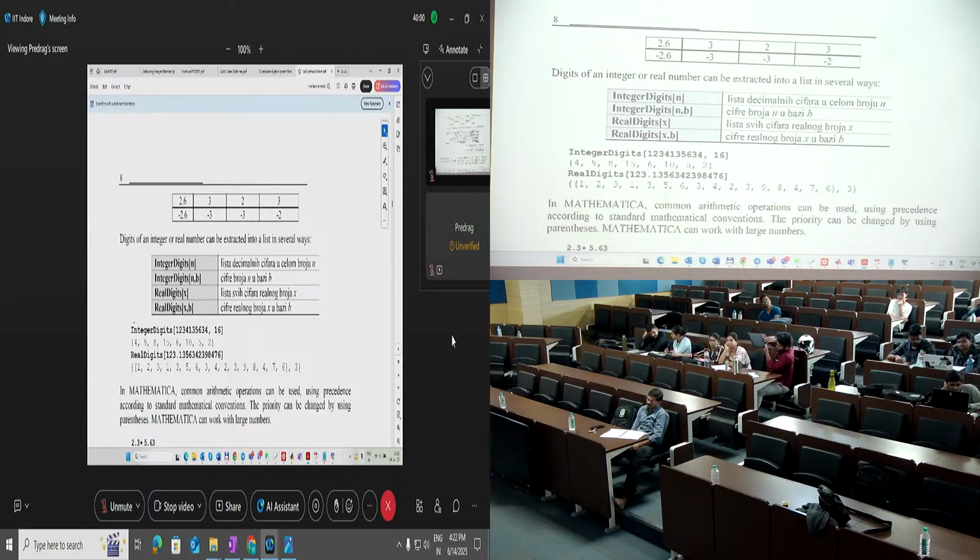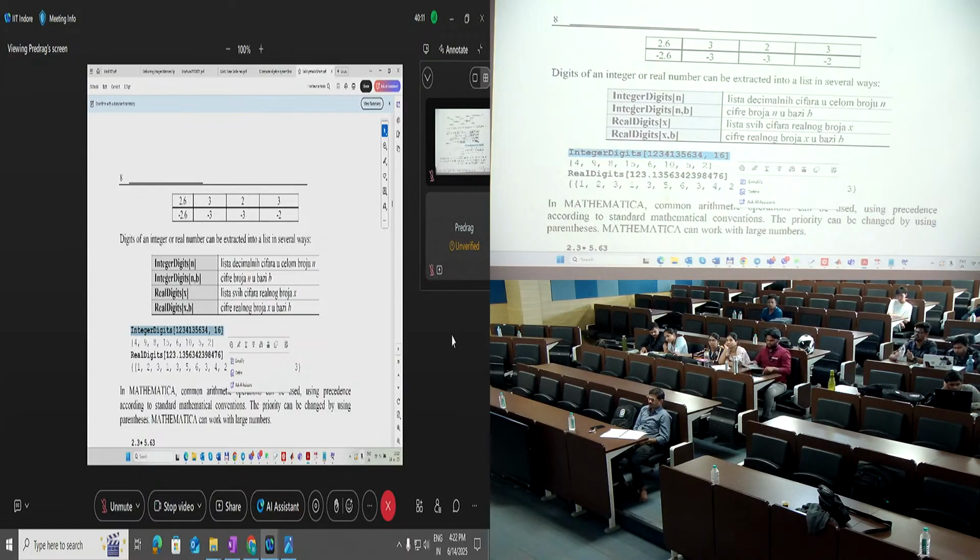IntegerDigits. IntegerDigits of n will give you the digits in decimal.